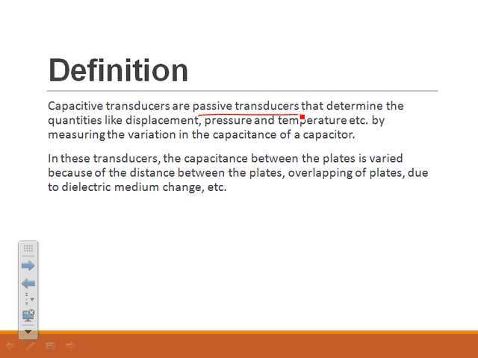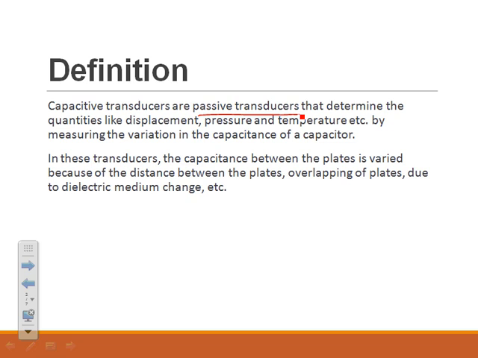There are two types of transducers, passive transducers and active transducers. Examples of passive transducers are resistors, capacitors, inductors, etc. And active transducers are piezoelectric transducers, some transistors, PN junctions, etc.